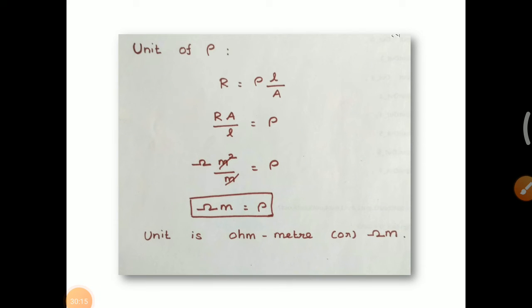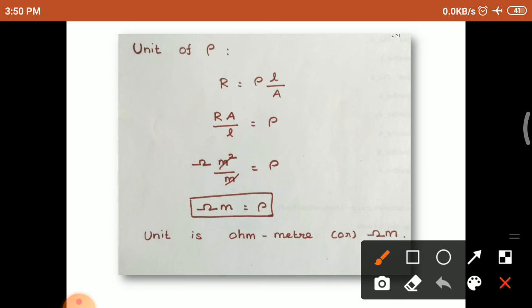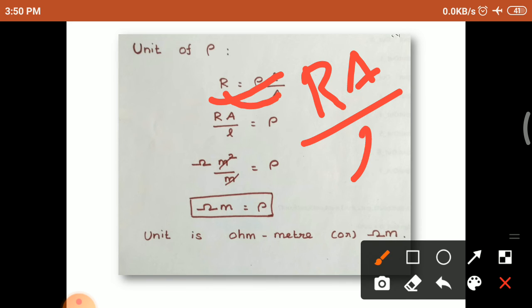So the unit of rho. Rho is resistivity. What is the unit of resistivity? R equal to rho L by A. When I rearrange the equation, the A will come here, the R will also come to this side. So I can write R A by L equal to rho.